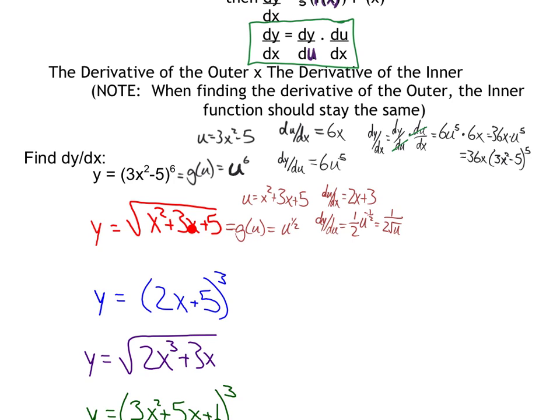Once you've taken the derivative, we don't want to leave negative exponents. So now dy dx is going to be dy du, so 1 over 2 root u, times du dx, which is 2x plus 3.